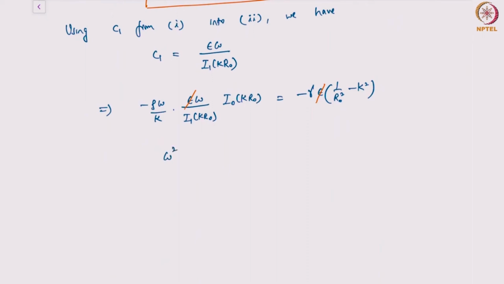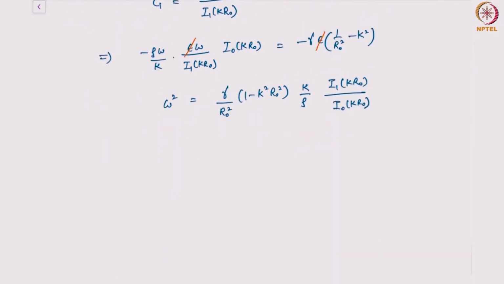If I write it as omega square, will be gamma by R0 square into 1 minus K square R0 square times K by rho, that's what I have, times I1 of K R naught divided by I0 of K R naught.